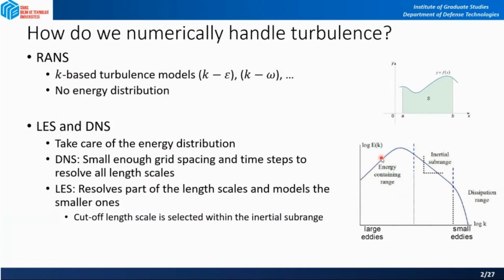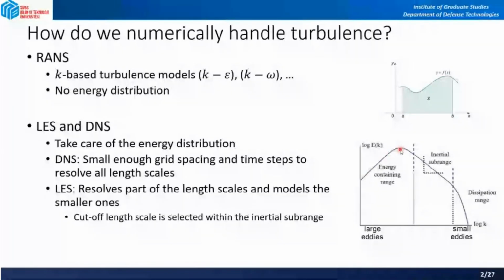They are not only interested in the overall turbulent kinetic energy level, which is the area underneath, but they also resolve the distribution. So you will actually obtain this line, this function, or if you can fit a function, you will get this distribution as well.